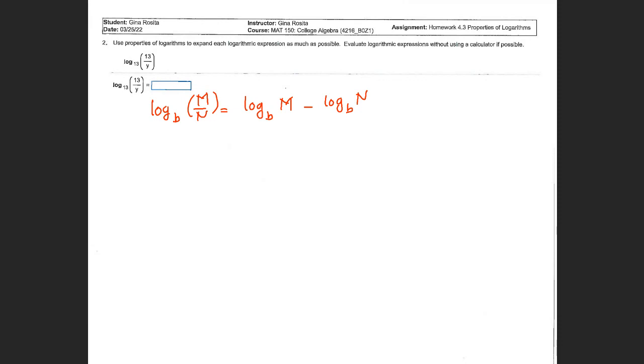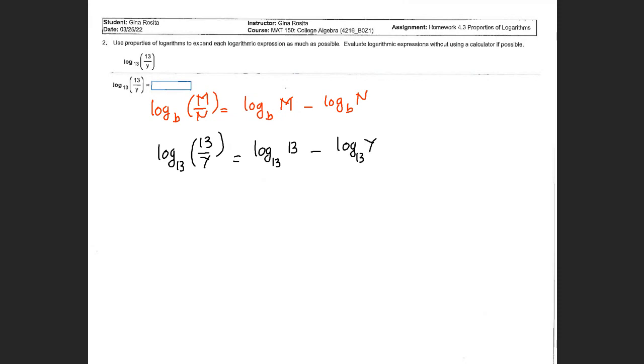So our problem is logarithm of 13 over y with base 13. Just copy the formula. So logarithm of 13 with base 13 minus logarithm of y with base 13.